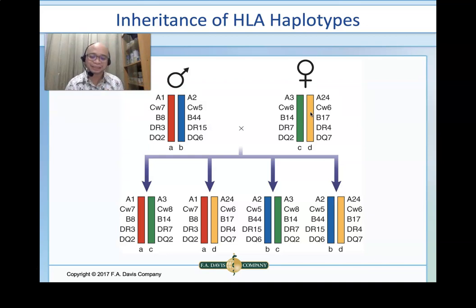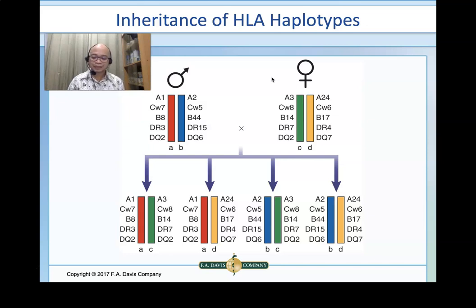Remember your lessons in cytogenetics. One paternal and one maternal haplotype could be passed on to each offspring. So 4 different combinations of haplotypes are possible in offspring.